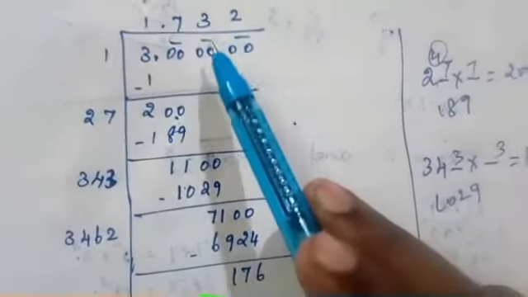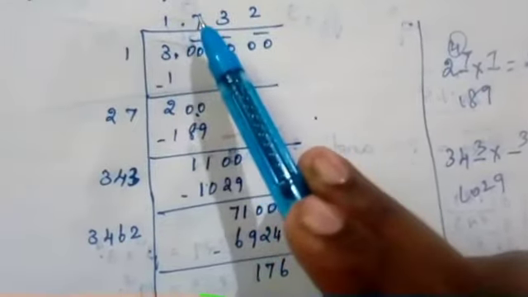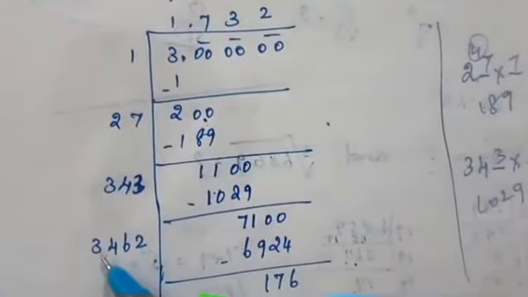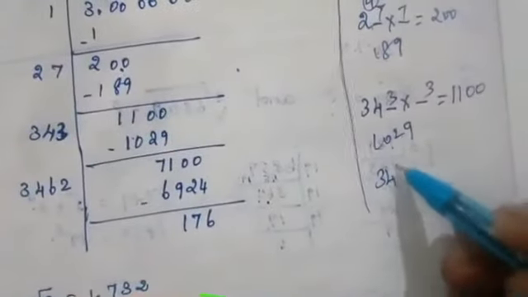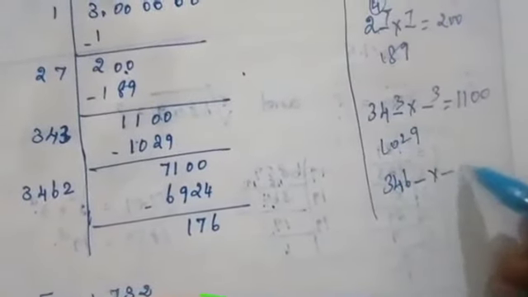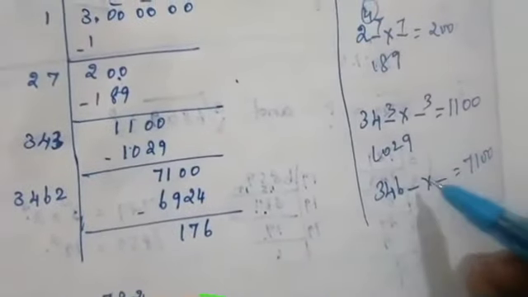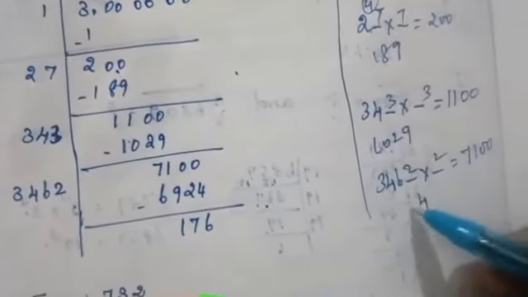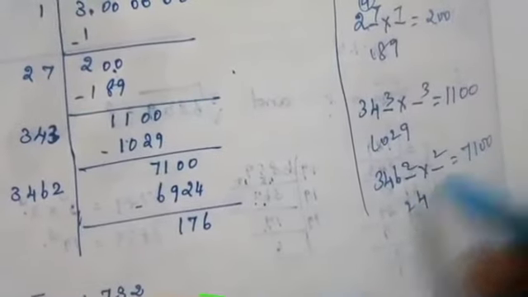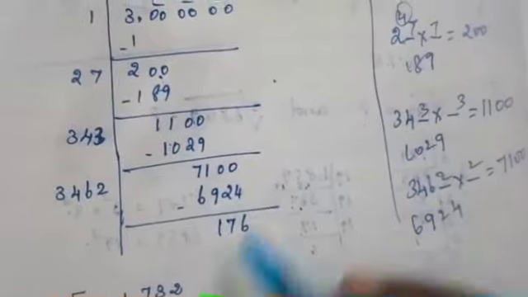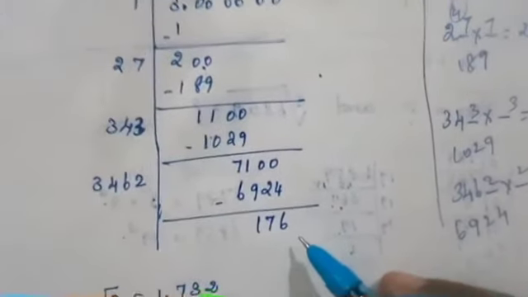Next again you multiply: 3 2s are 6, 7 2s are 14, balance 1, 1 2 is 2, 2 plus 1 is 3. So now this 346 along with this digit which is possible gives 7100. So 2 is possible: 2 2s are 4, 6 2s are 12, balance 1, 8 plus 1 is 9, 6924. You subtract this from 7100 to get 176.